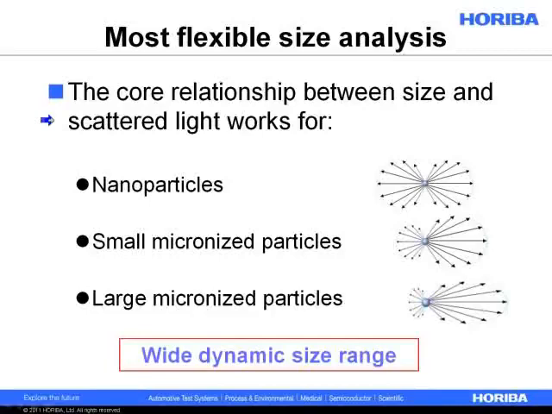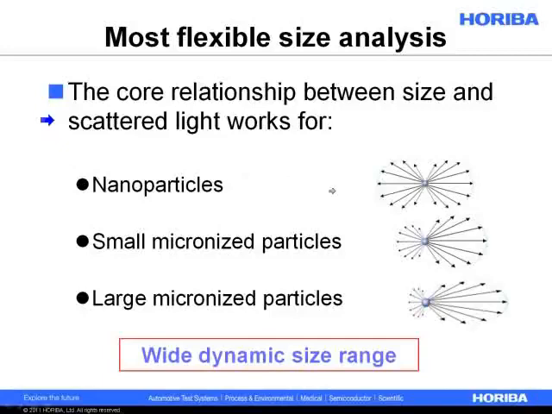Other light scattering techniques like dynamic light scattering are really just nanoparticle only. There are ways of extending it up above a micron, but it really begins to run out of steam pretty quick. Laser diffraction, on the other hand, can go down as far as 30 nanometers and up as far as several millimeters. It's a very, very wide dynamic range.